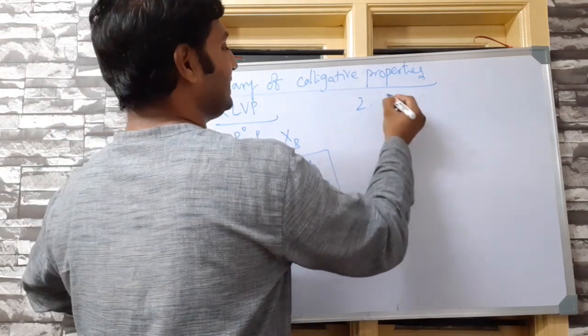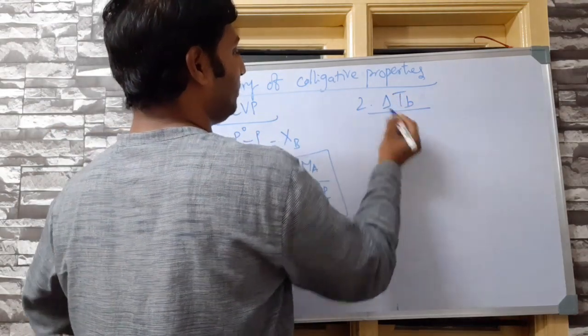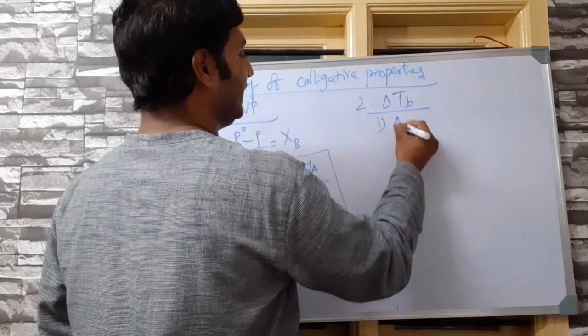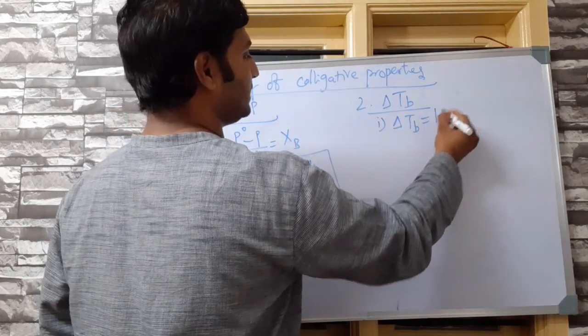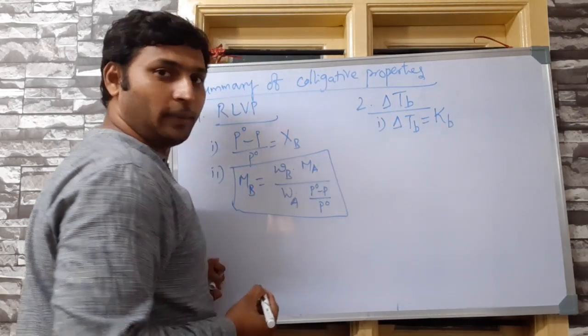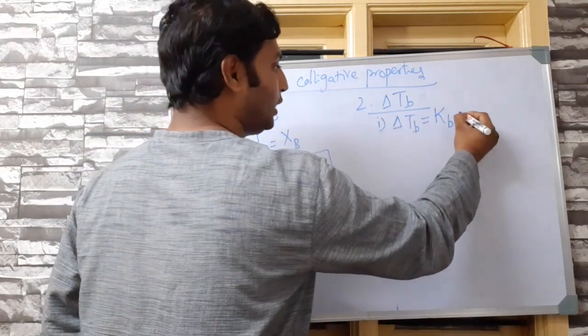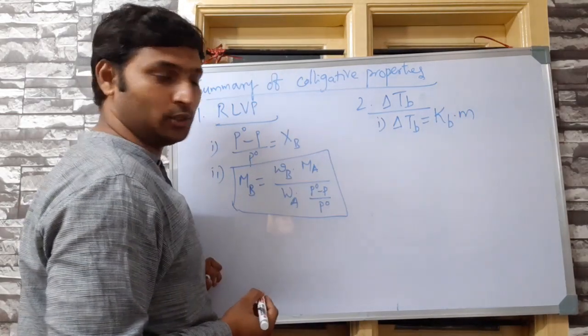Next. Second one we understood was delta TB. We understood that delta TB, elevation in boiling point, is equal to ebullioscopic constant, that is Kb, into molality of the solution.